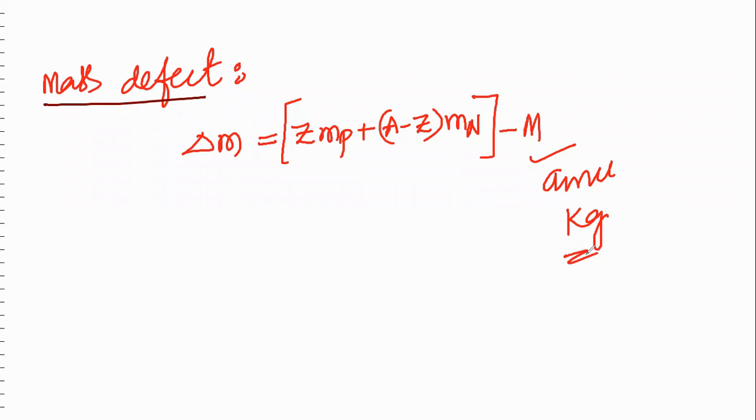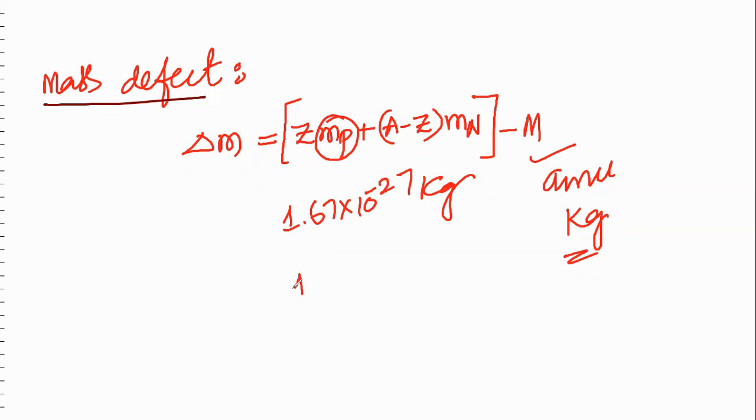How will we get it in atomic mass units? In terms of the mass of the proton, we will take 1.67 into 10 power minus 27 kg. Instead of this, we may take the mass of the proton as 1.007276 AMU.